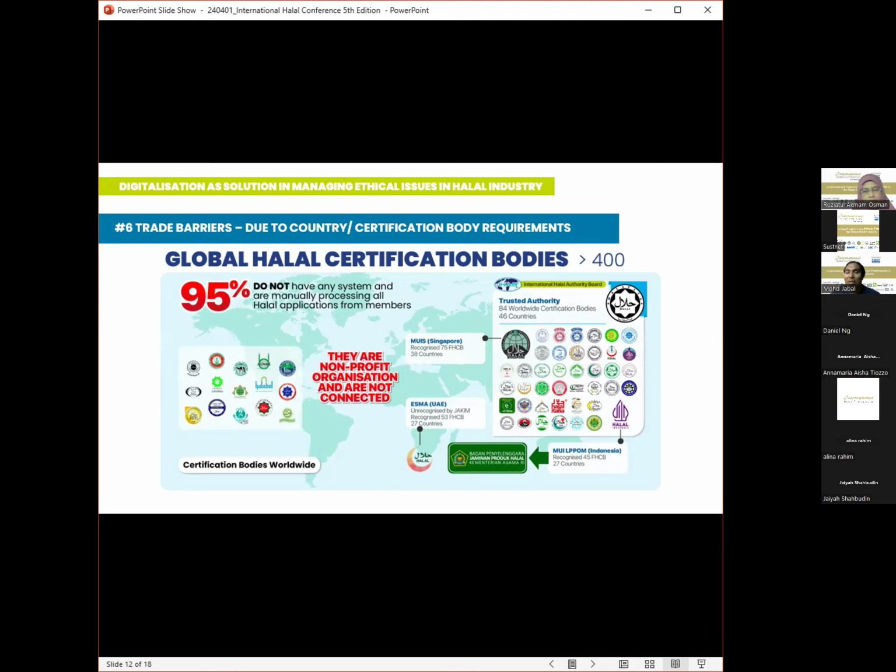Yeah, for example, in Malaysia, we recognize 84 certification bodies, but unfortunately the status of these 84 certification bodies is unknown. I mean, for products certified by them, we don't have access to the information. So why? Because we don't have a proper platform to store the data. I think in the first place, we don't have a proper platform to manage the applications.